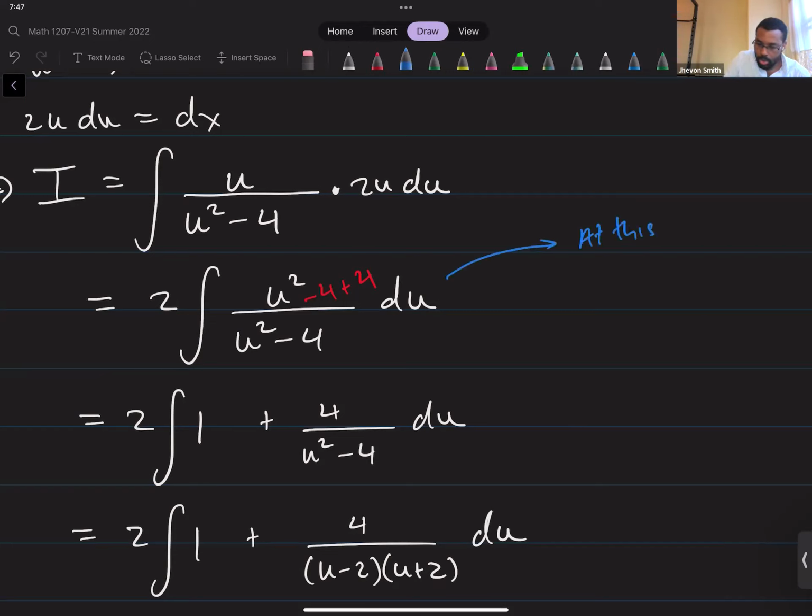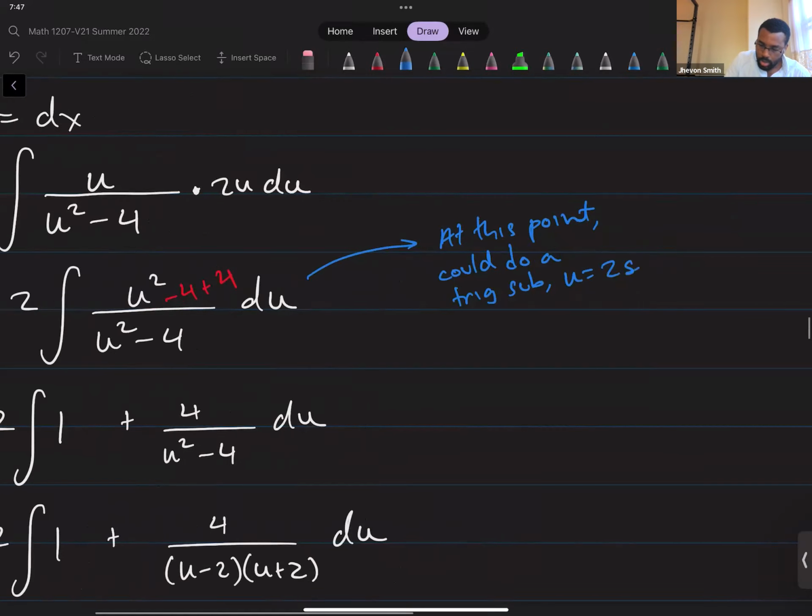At this point, you could do a trig sub, u equals 2 secant theta. But why? Why would you do that to yourself? It's harder.